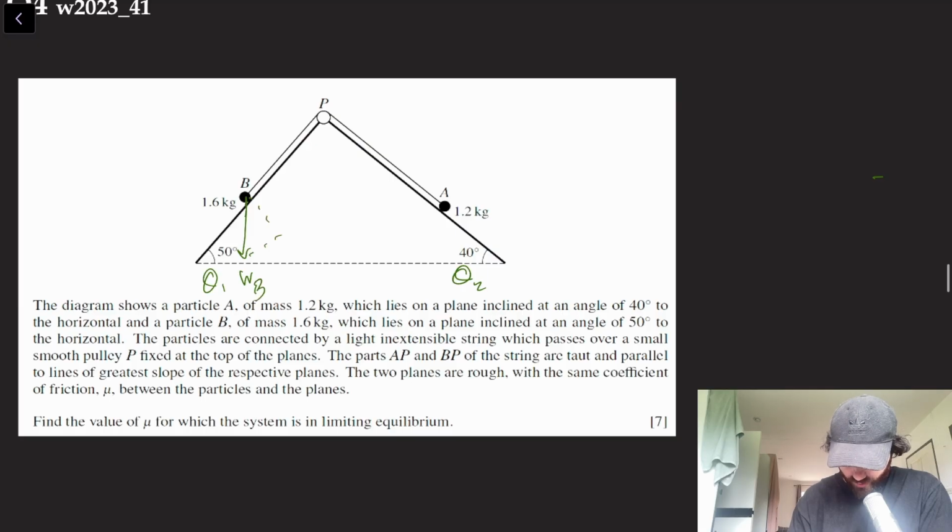This will be like a right angle triangle. This will be theta, we'll call this theta 2, and we'll call this theta 1. This bit here we'll call WBX, and this will be WBY. I'm just labeling these things. This is WA, and this will be WAX and WAY. So we need to find which component of their weight acting down the slope is larger.